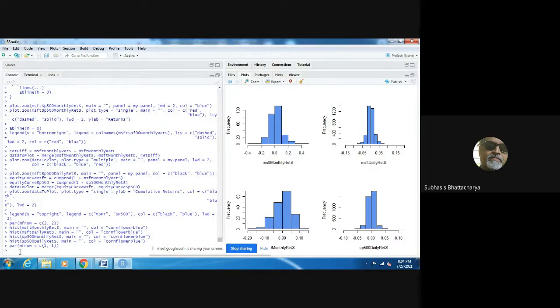When comparing two or more returns, it is useful to use the same bins, because the bins are not the same here. You can see that here it is 0, then 0.1, and here it is 0, then 0.5. So the bins are not the same. Look here.